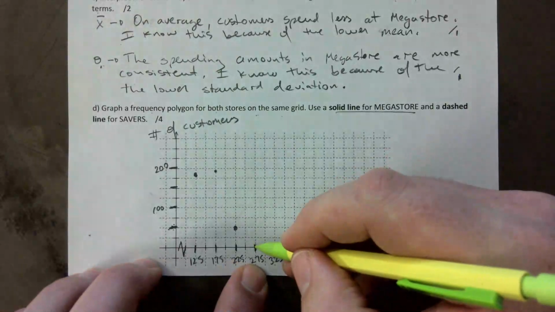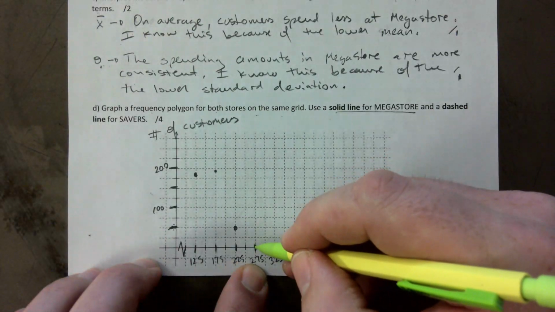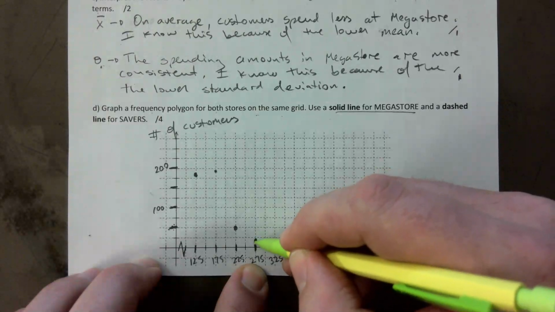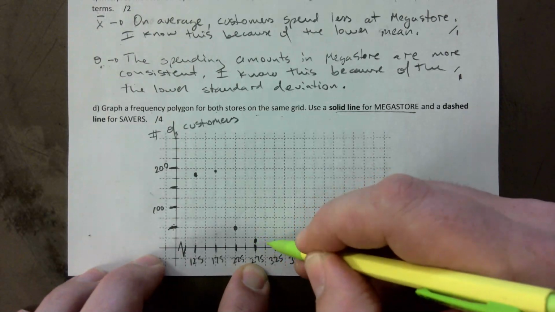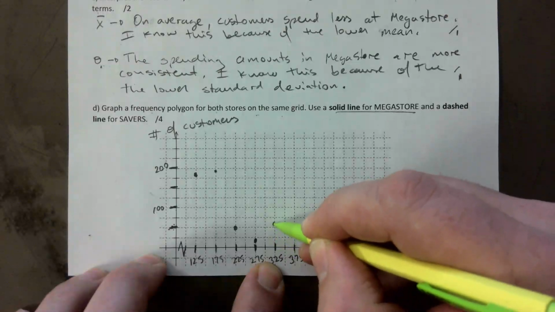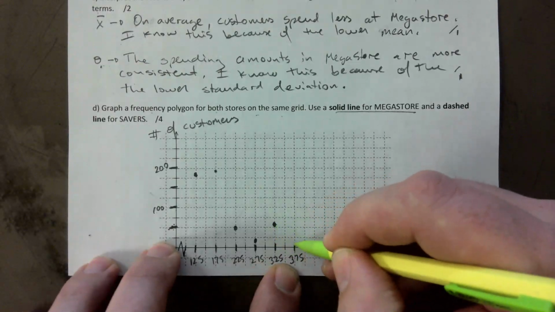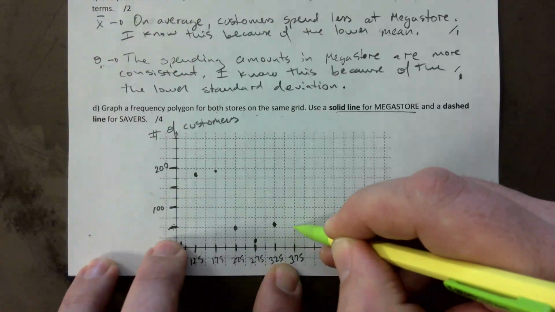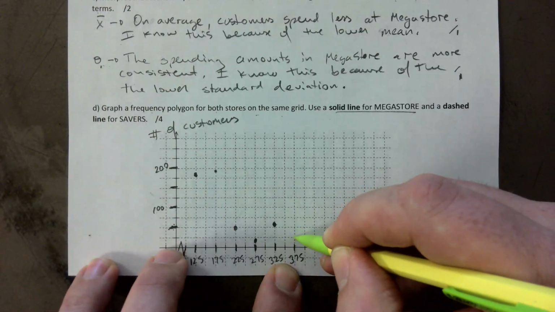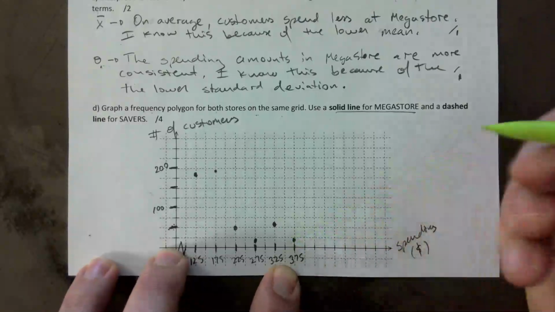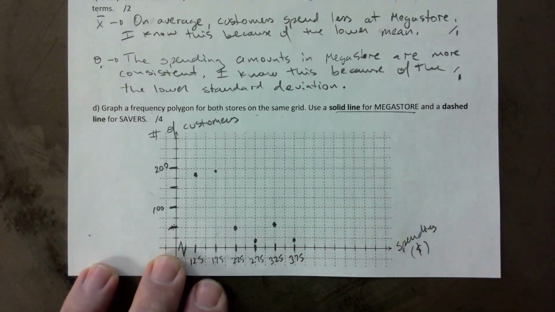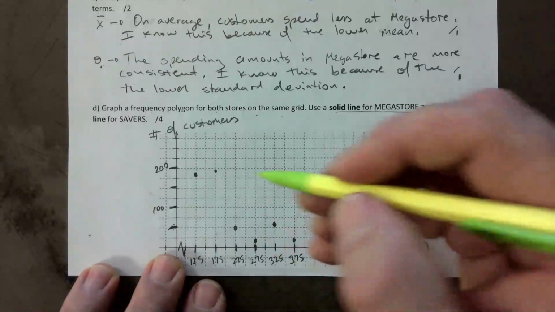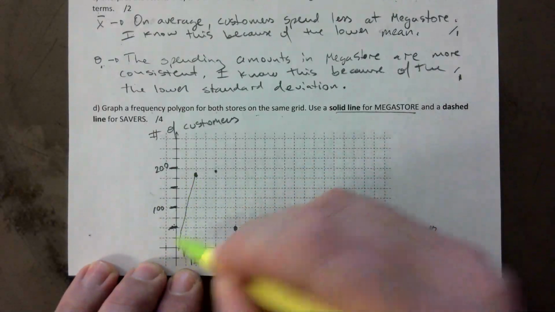And then for 275, it's 30. So it should be somewhere down here. And then it's 57. And then it's 23. So this is 50, this is 25, so 23 is just under. So that's kind of what it looks like for Megastore, and it's a solid line. So just make sure you close it.